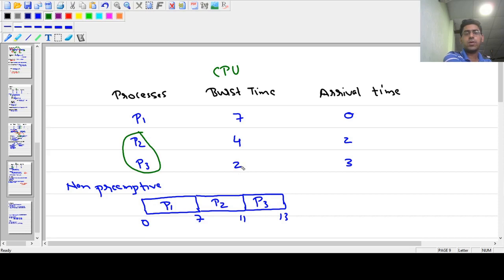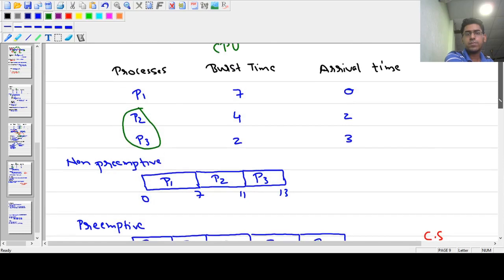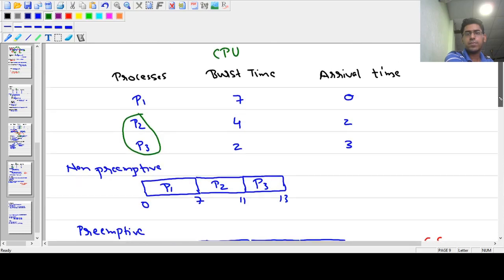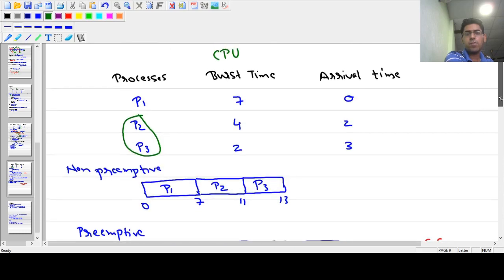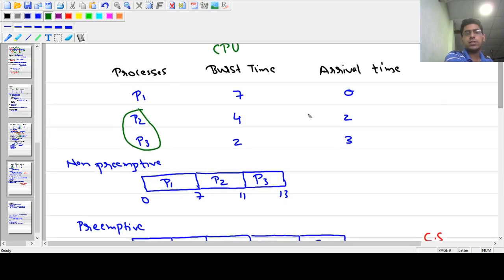I am a bit confused out here. This example I need to check, that once the process P1 has completed, which one should come, P2 or P3?